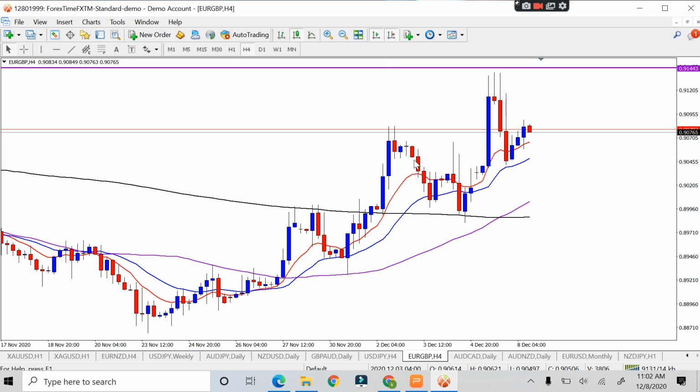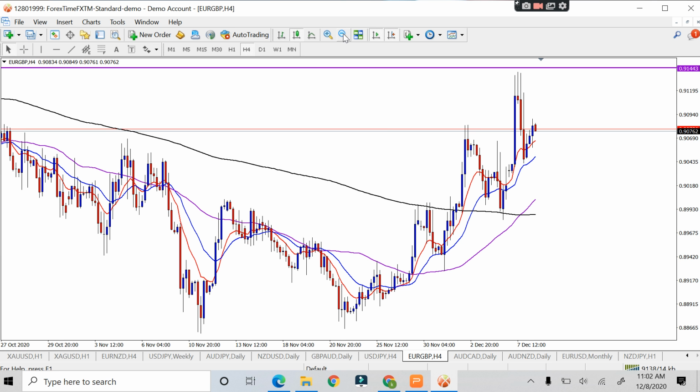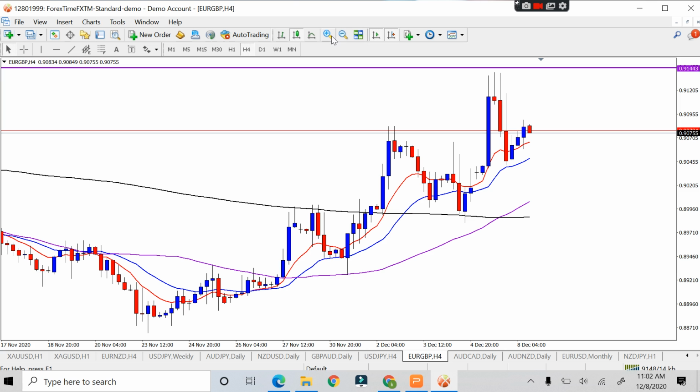On the 4 hourly, I can see a clearer picture. I can see that I'm having some retracement coming in. So I will wait for that retracement to be over before I long this market.